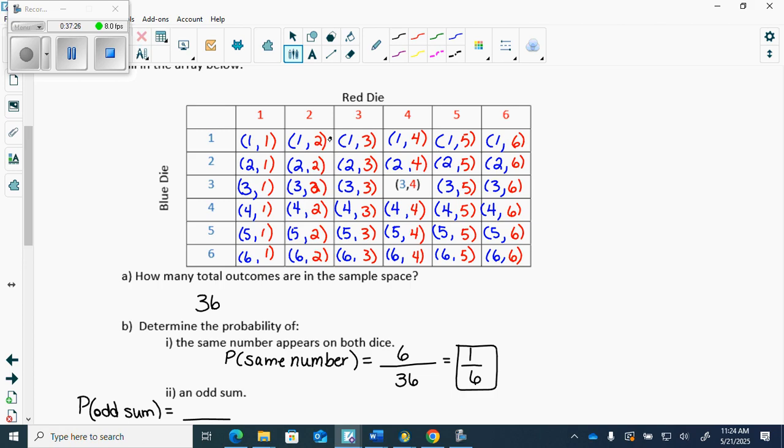That gets me a 2, 3, 4, 5, 6, 7, 3, 4, 5, 6, 7, 8, 4, 5, 6, 7, 8, 9, and so on. So that's 1, 2, 3, 4, 5, 6, 7, 8, 9, 3 per line, correct? 1, 2, 3, 4, 5, 6 lines. So how many? 18. So half of them, which makes sense.